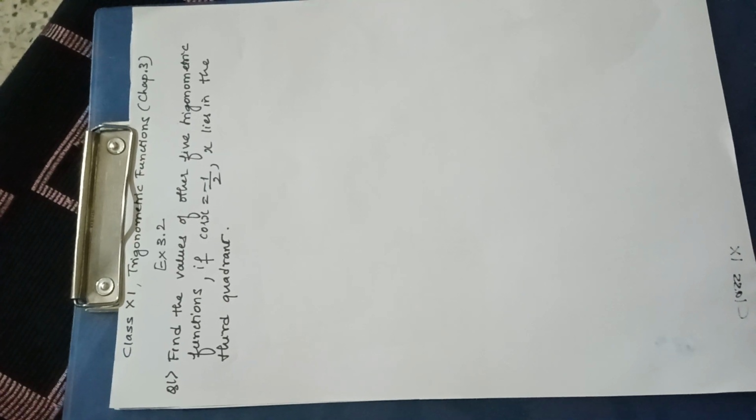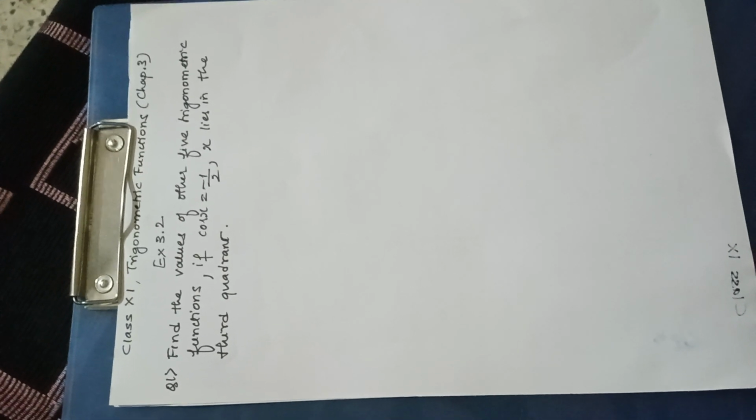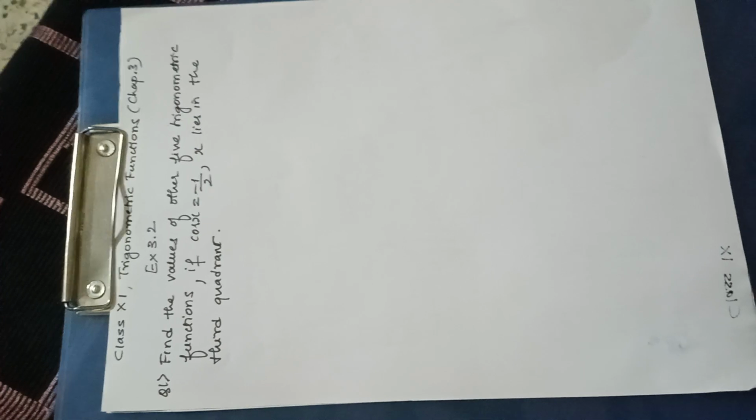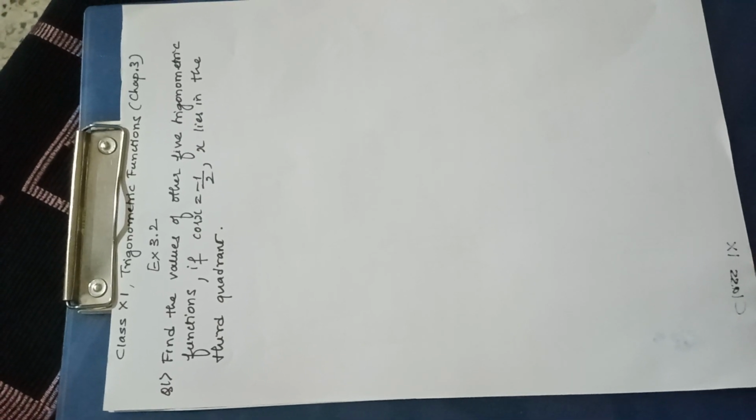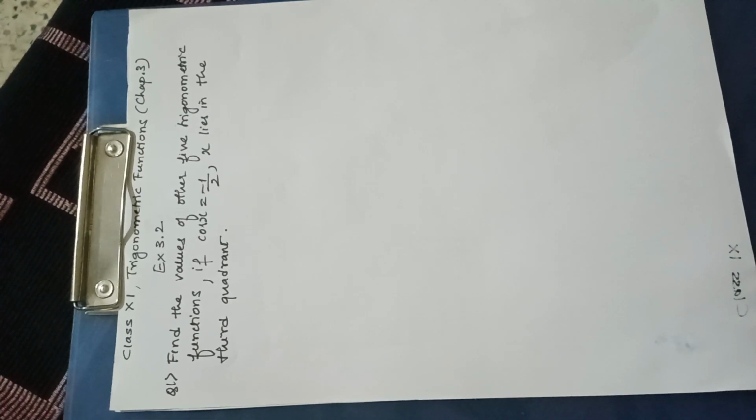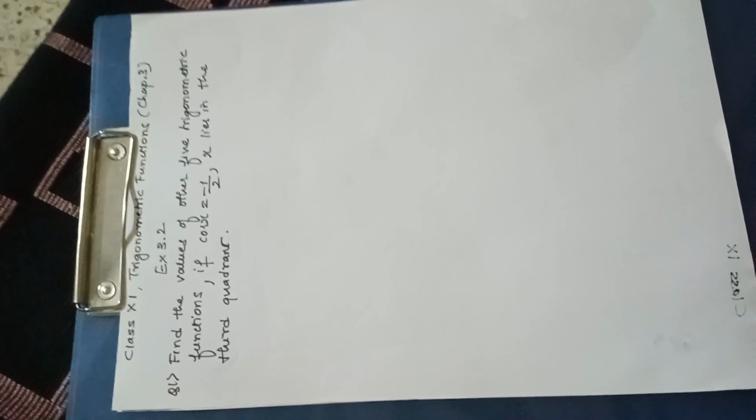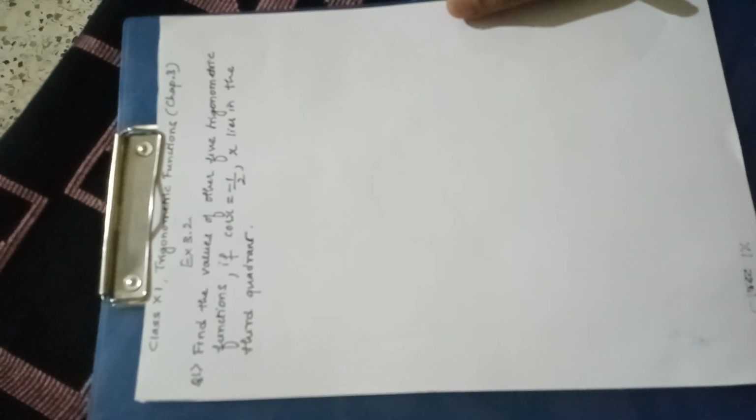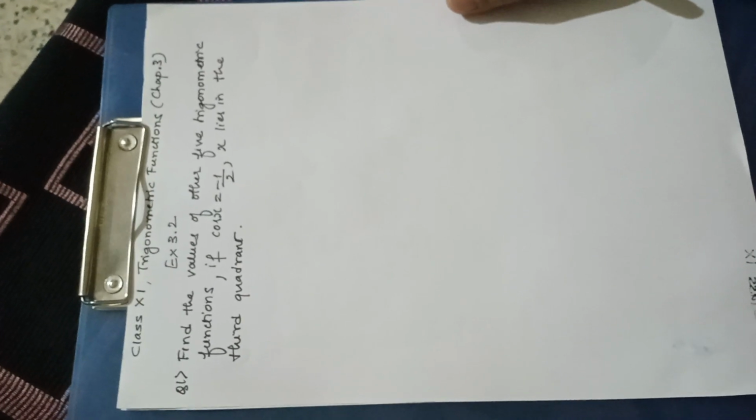Now for the students who have studied up to 10th standard, they may wonder how cos of some angle is a negative value here, because we have seen that the minimum value of cos is 0 and the maximum value of cos is 1 in 10th standard. Why is it so?